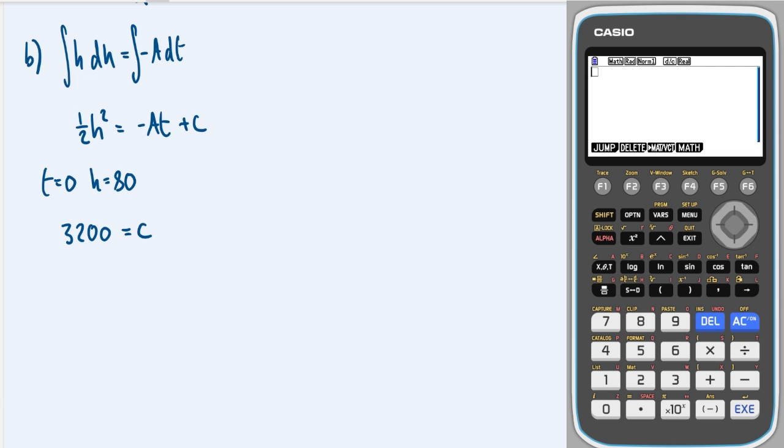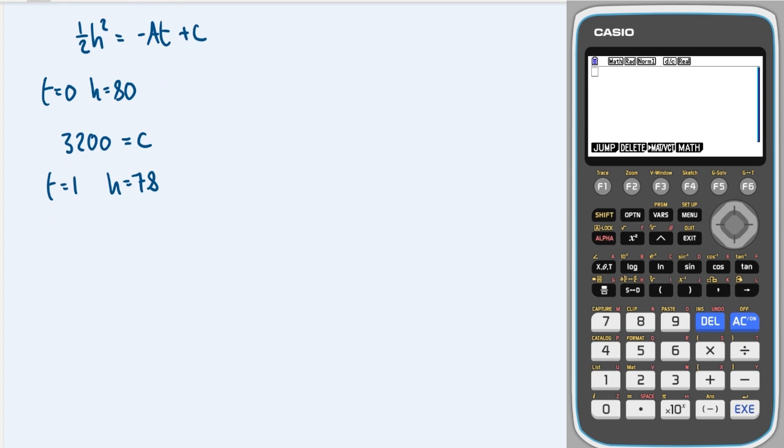And then we're going to use the other condition, which was t equals 1, h equaled 78. So this gives me a half 78 squared is equal to minus A times 1 plus 3,200. So I'm going to need a calculator for this. 3,200 minus 0.5 times 78 squared. I get 158 as A.